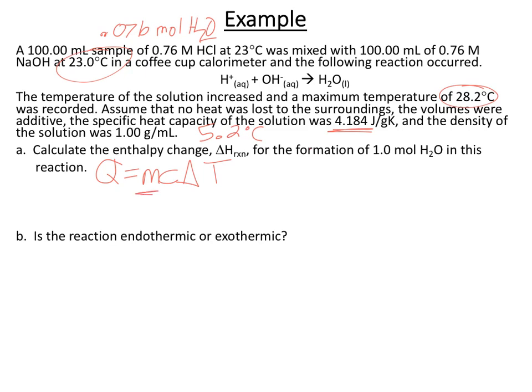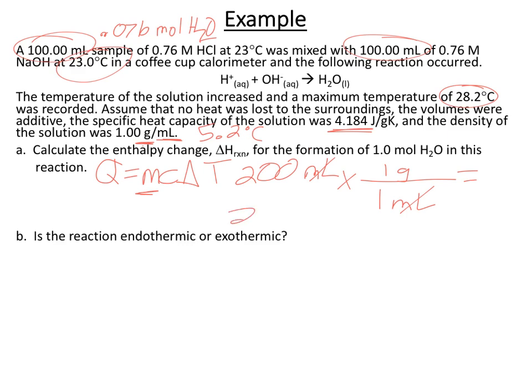If you look up here, we know mass is going to be in grams, and we see there's a relationship between that and milliliters. And we do know the milliliters, right? So we know that we have 200 milliliters, and 1 gram per milliliter is our density. So that means I have 200 grams.